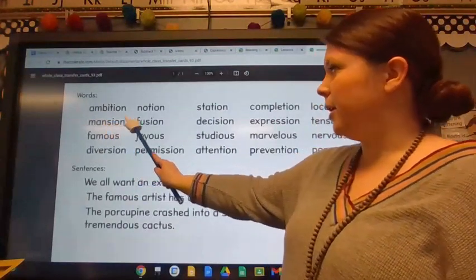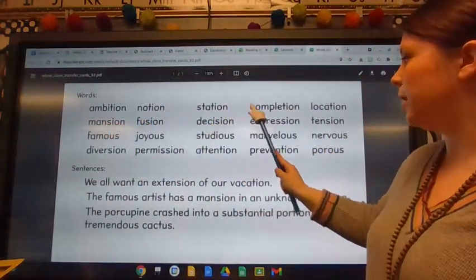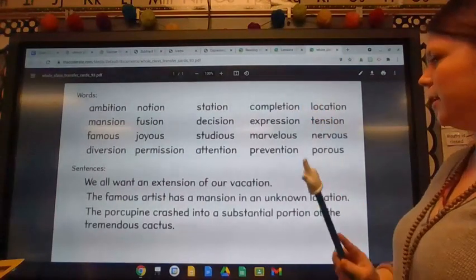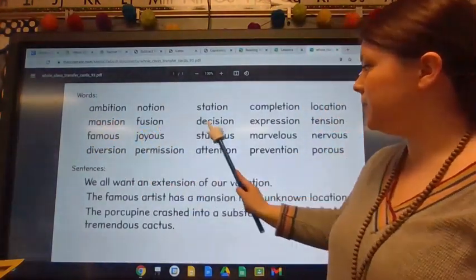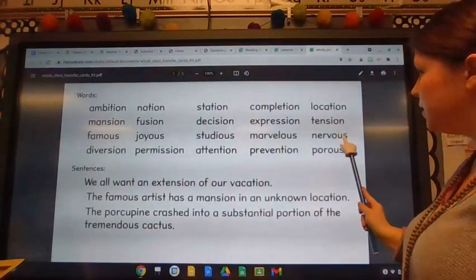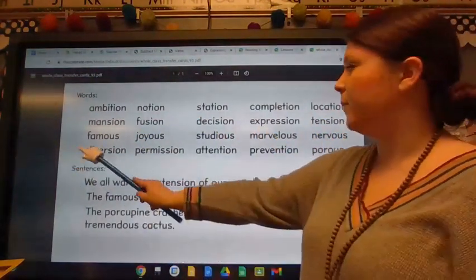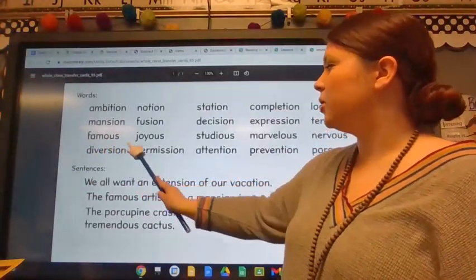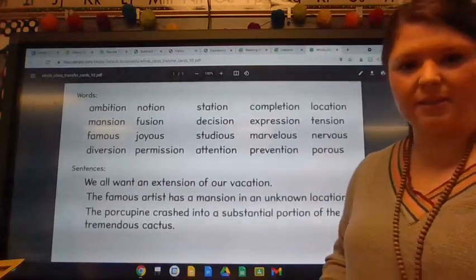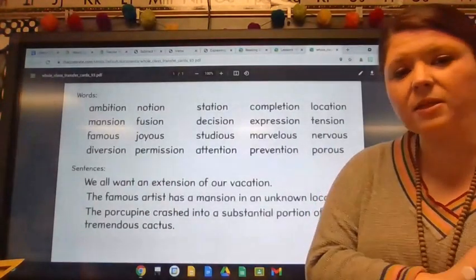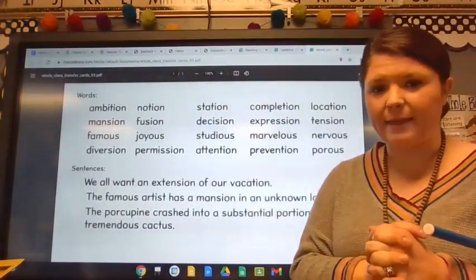Read. Mention, fusion, decision, expression, tension. All right, ready? Read. Famous, joyous, studious, marvelous, nervous. Great job. All right, here we go. Ready? Read. Diversion, permission, attention, prevention, chorus. Great job, guys. Now let's go ahead and read the sentences down at the bottom, okay?